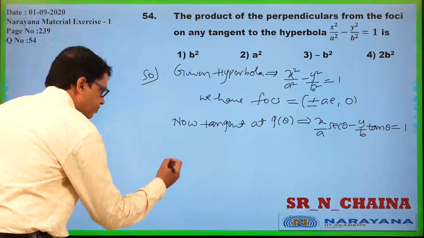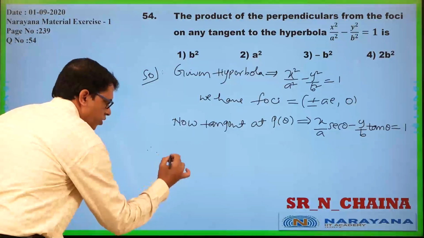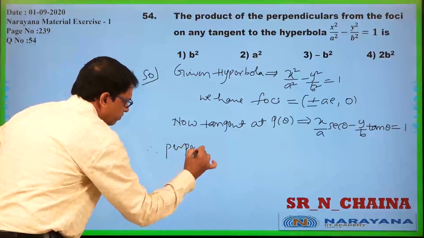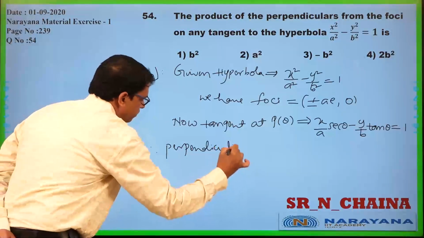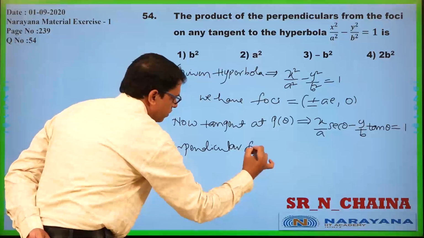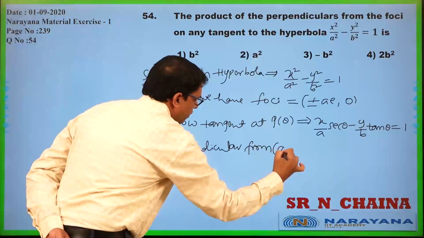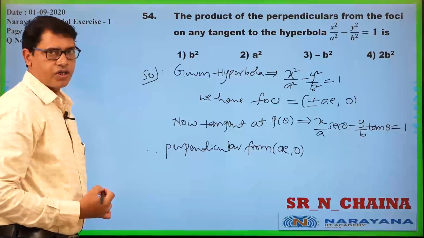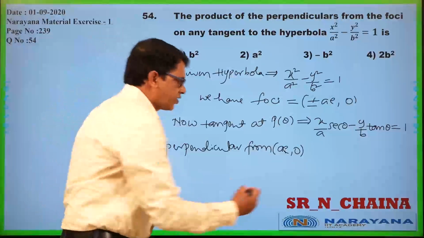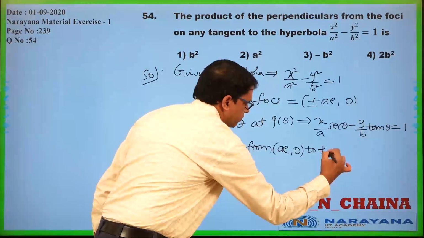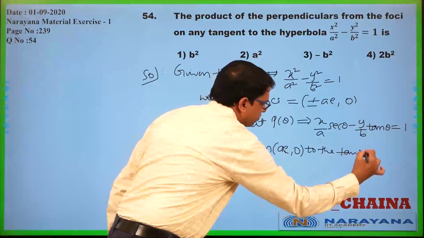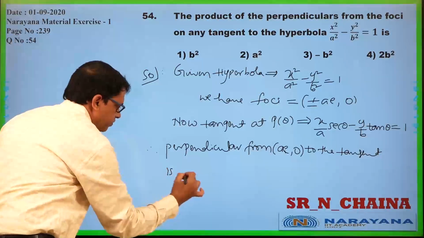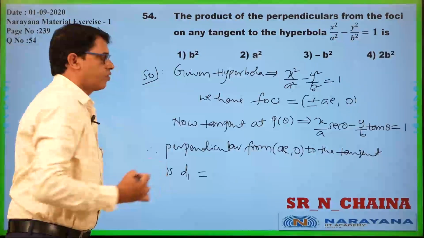So now the perpendicular from AE comma 0 to the tangent, say D1.